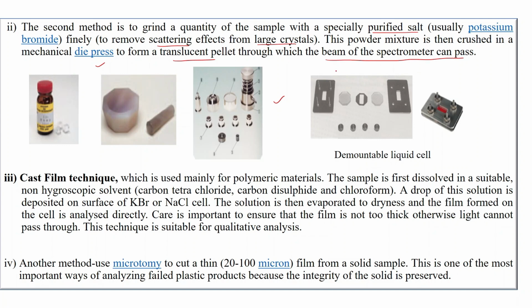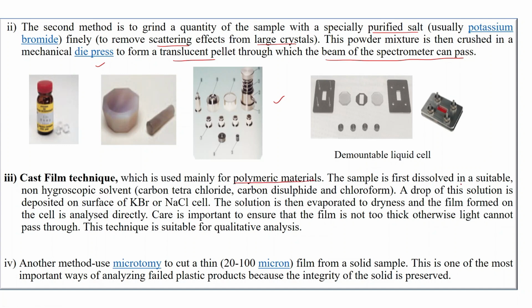This is the potassium bromide pellet method. Then comes the cast film technique, which is mainly used for polymeric materials.